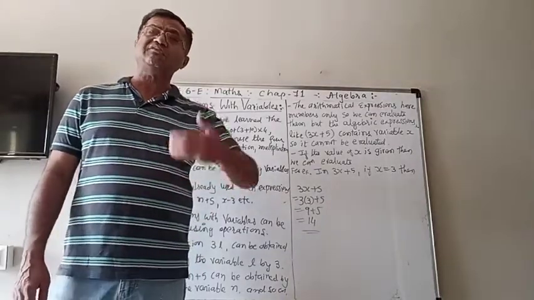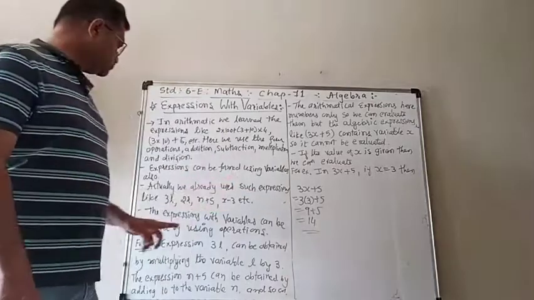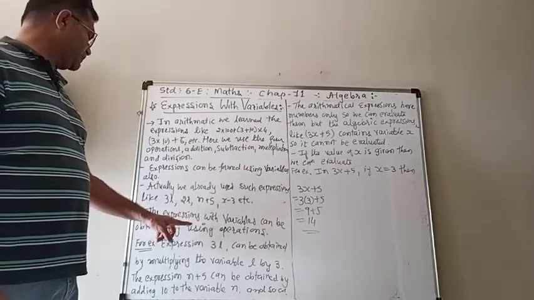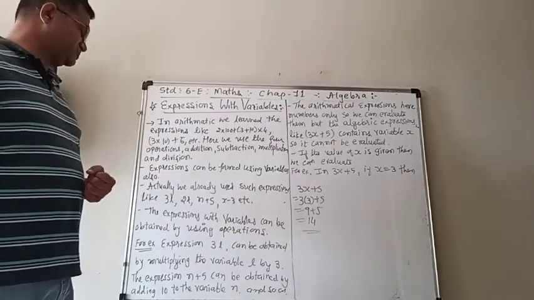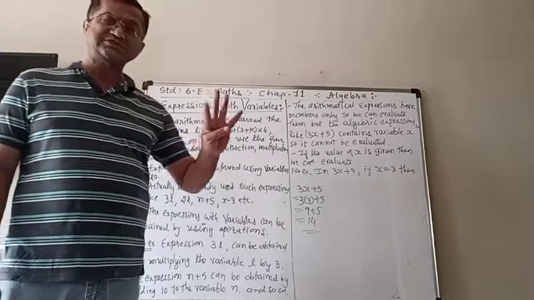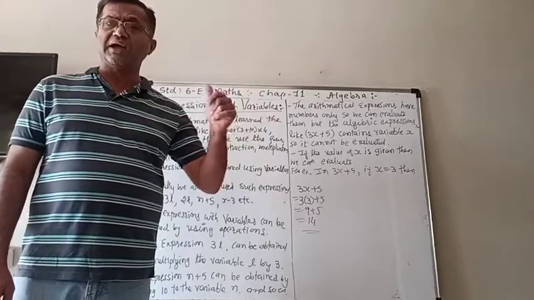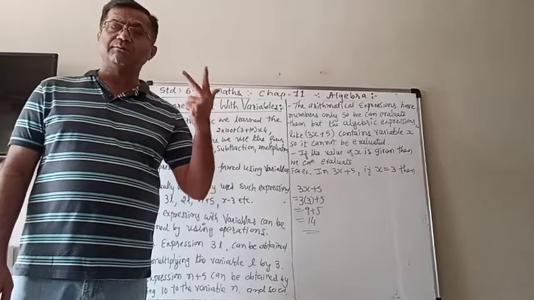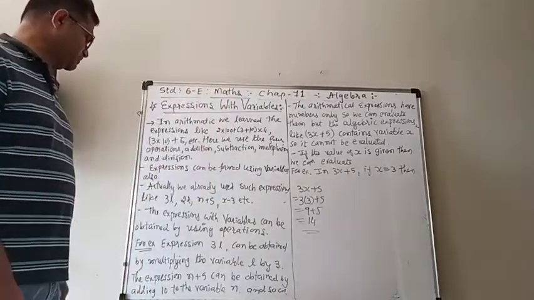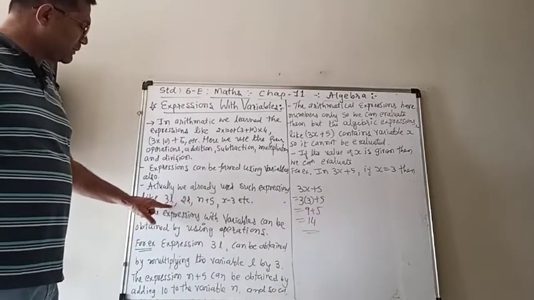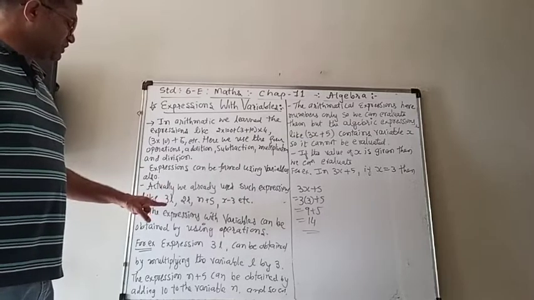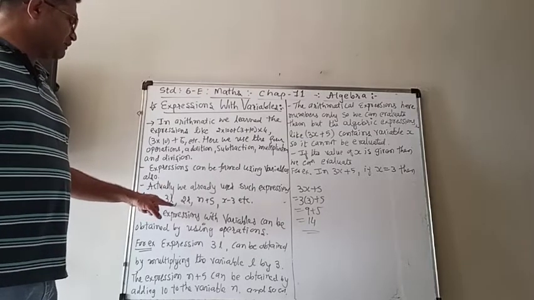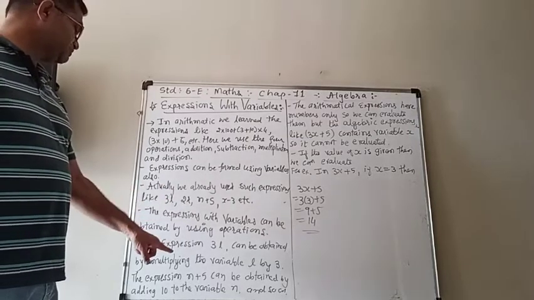Now how can we form an algebraic expression? An expression with variables can be obtained by using operations. Which operations? The 4 operations I told you: addition, subtraction, multiplication and division. For example, for 3L, we have to multiply the variable L by 3.